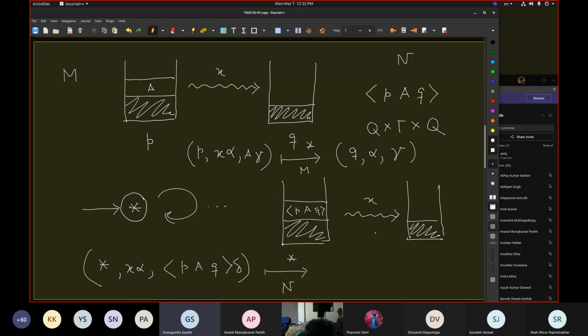Then in one or more steps, this machine N will stay in state star, it will read X, and it will get rid of this. So the idea is that the simulation of M by N is based upon the construction motivation that this thing happens if and only if this thing happens.